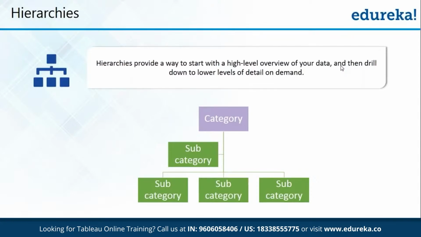If you see in the diagram over here, there will be a category, which is going to be the high-level overview, and there would be subcategories about your data too. For example, maybe you're representing your data by countries, and if you want to go down to a granular level, you can define it by, let's say, states in the country. And then you can drill down even more to cities and then to street names in the cities, like that. So hierarchies are very important as well.